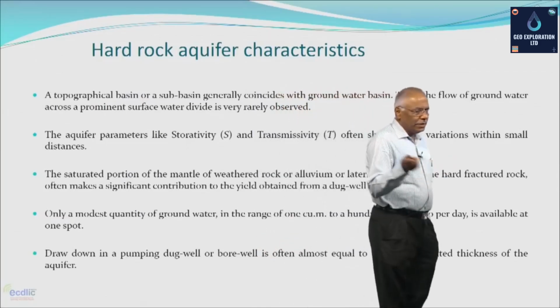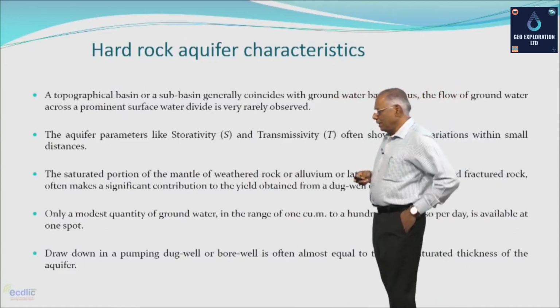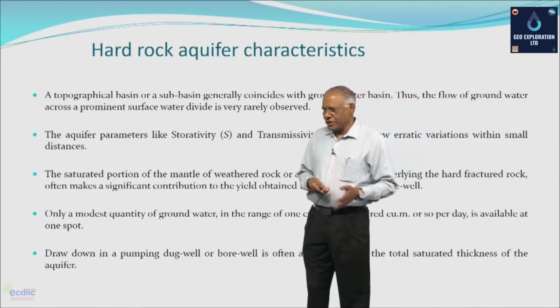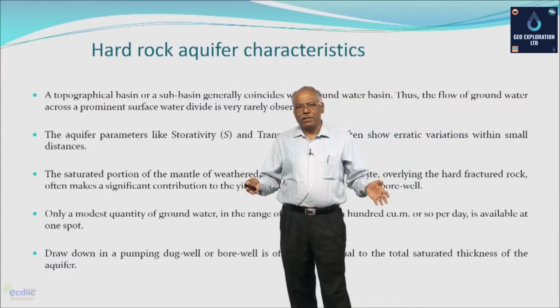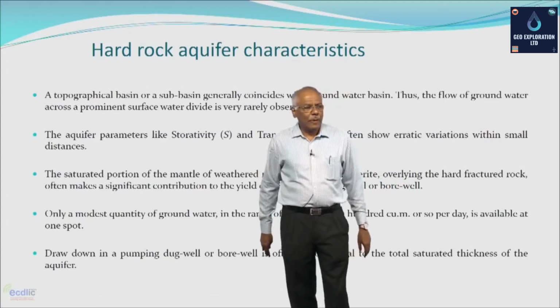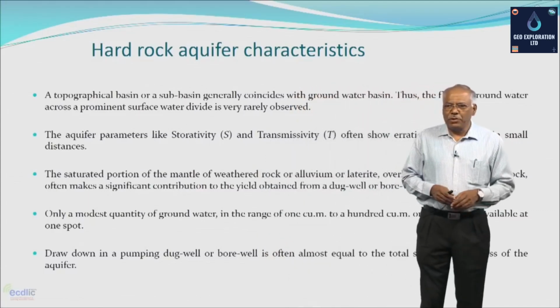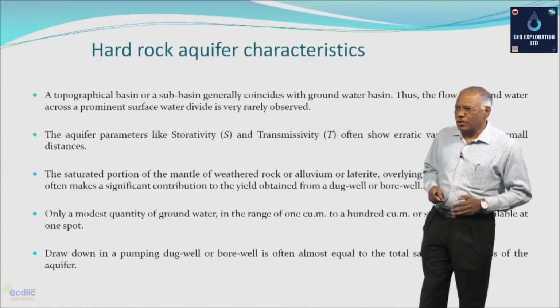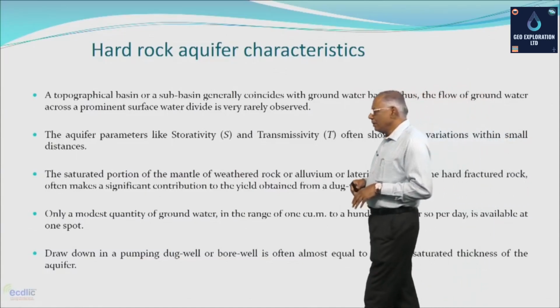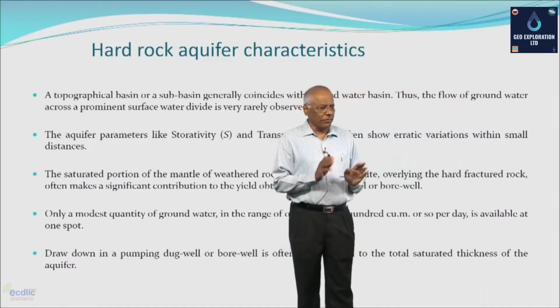In the area around the whole of the region, like western Maharashtra or the whole of Maharashtra and all the southern Indian states, the whole of the Indian peninsula, from the point of view of hydrogeology and groundwater occurrence, peninsular India is characterized by hard rock aquifers.